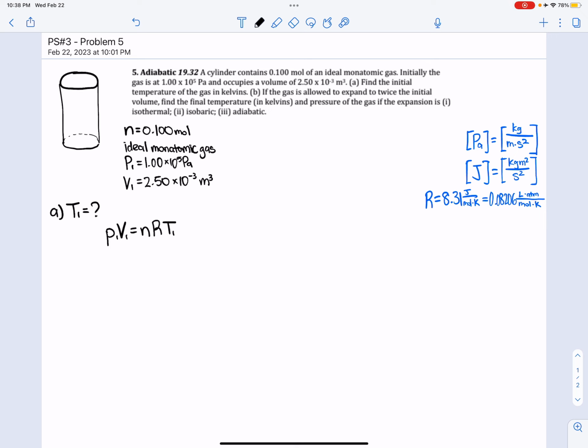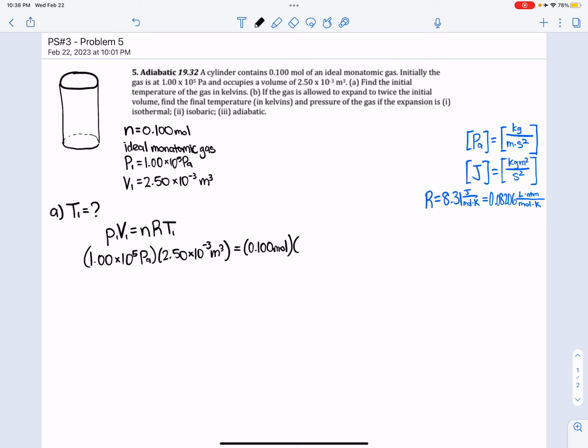Okay, so let's plug in our knowns. P1 is 1.00 times 10 to the 5th pascal. Initial volume, 2.50 times 10 to the negative 3 cubic meters. And that's equal to the number of moles, 0.1 moles, times R. I'm going to choose between this version of R or this version of R. I'm going to choose the first version right here because I want to convert the joules into kilograms meter squared over second squared so that I could cancel units out.